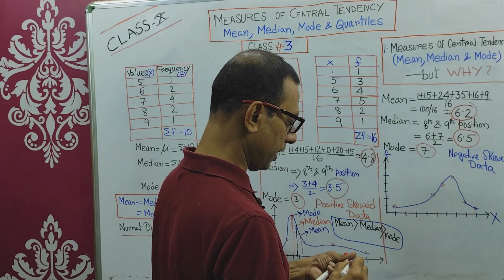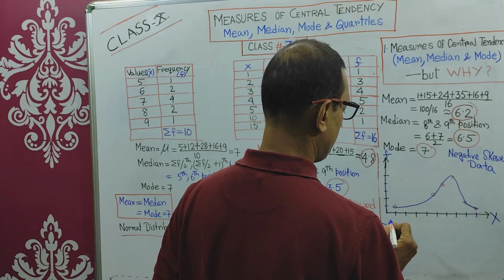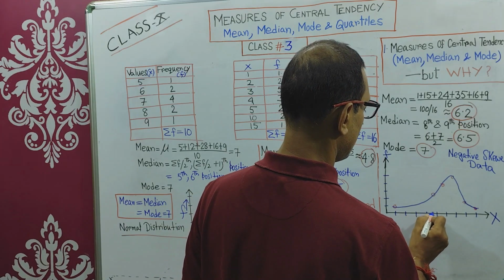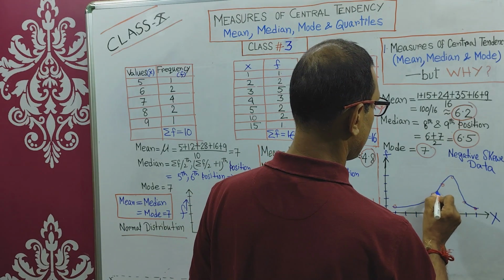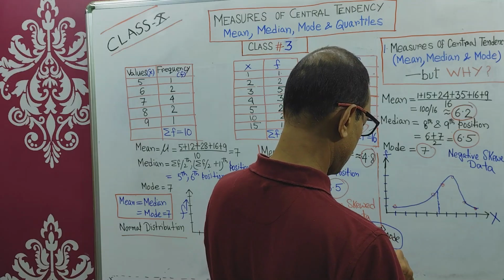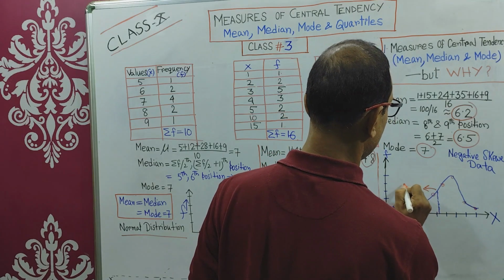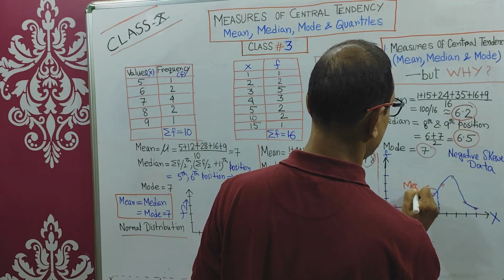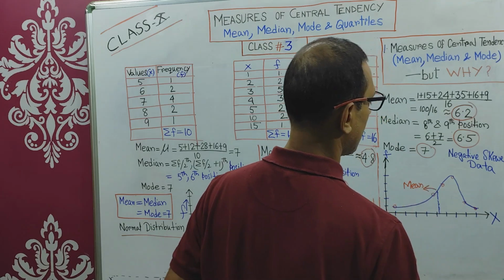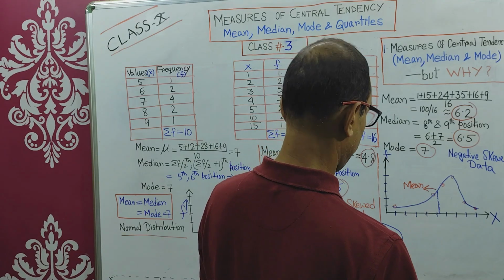So here if you see, what is the mean? Mean is 6.2. That means 6.2 nearby, let's say this point. This is what mean. What is the median? Median is 6.5.